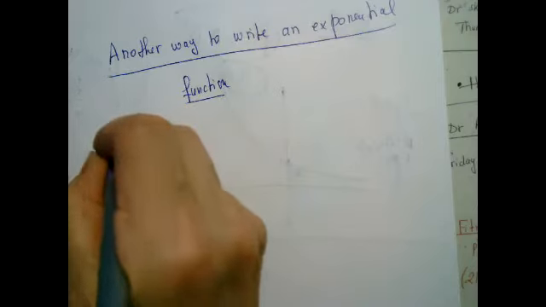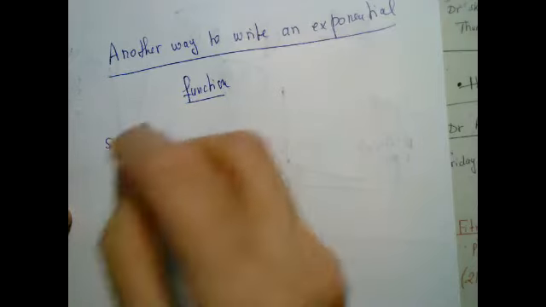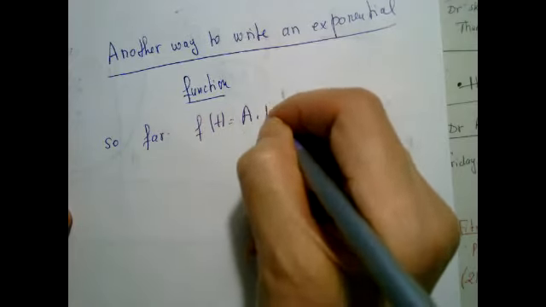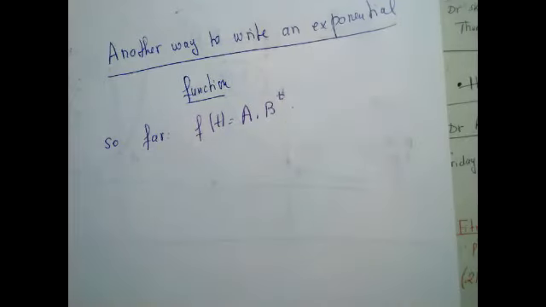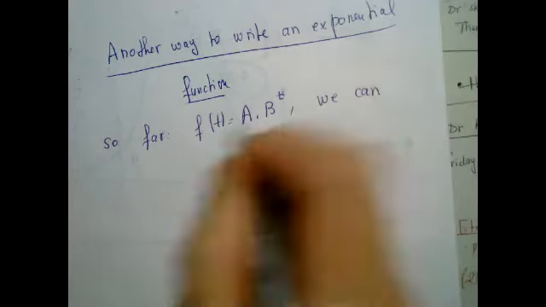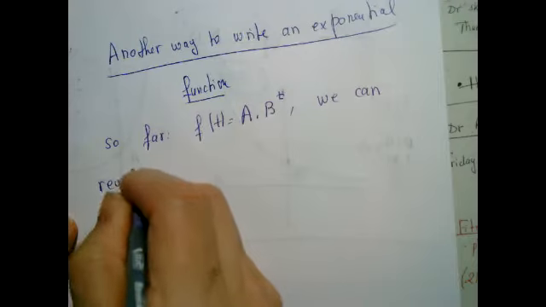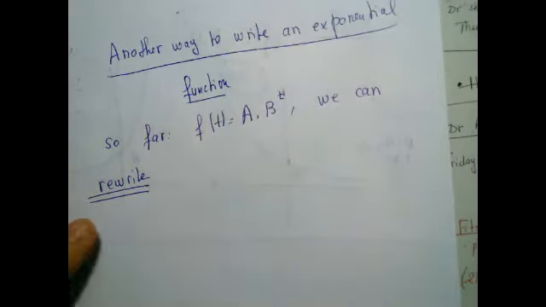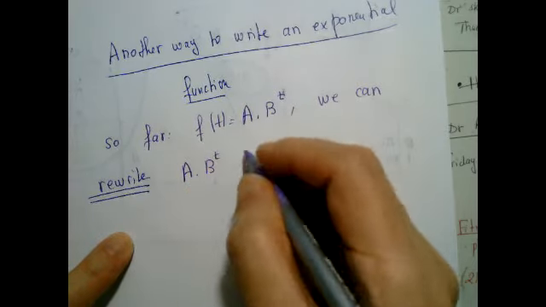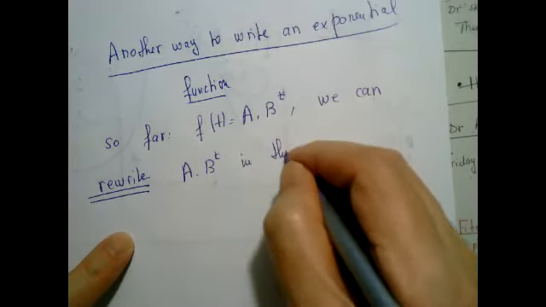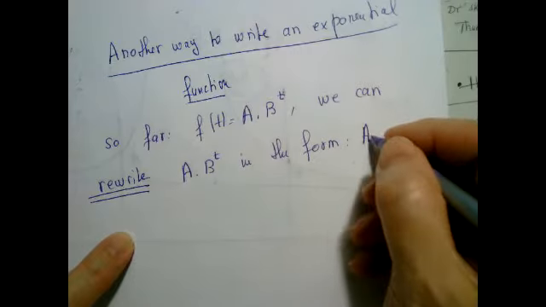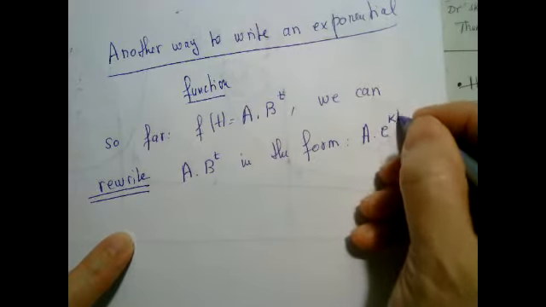As I said, so far exponentials have this form: A is the initial, B the growth factor. Now we can rewrite. The word rewrite is important. We can rewrite A times B to the power T in the following form: A times e to the kT.